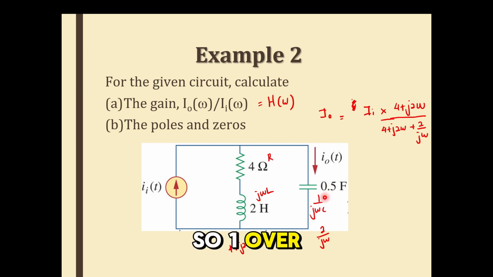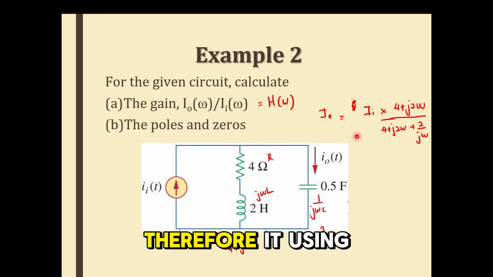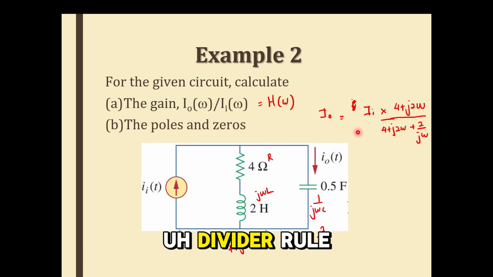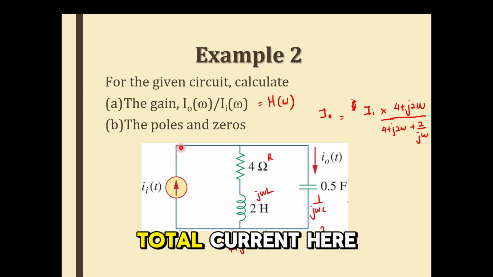So 1 over jωC means 1 over jω times 0.5. So 1 over 0.5 gives 2 over jω. And here you have 4 plus jωL, so 4 plus j2ω. This and this are in parallel, therefore we use the current divider rule. I have a total current here.